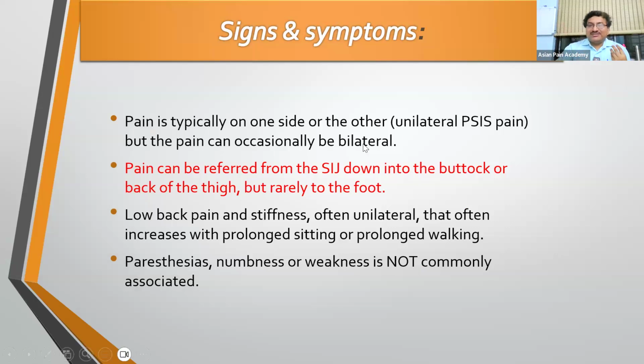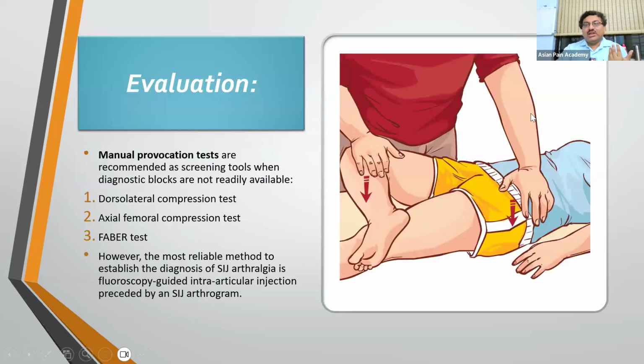There may be associated stiffness and morning increase in pain. Sometimes in chronic cases there might be paresthesia, numbness and weakness, but it is not commonly associated with sacroiliac joint pain. Because of sensitization it might occur in a chronic stage, but in most cases we do not find it.